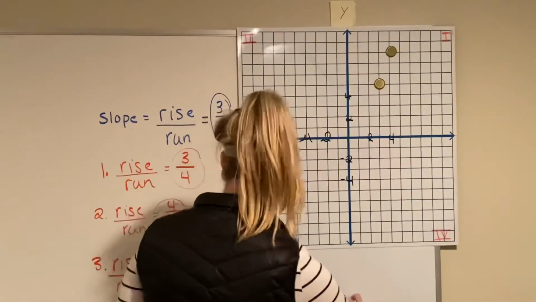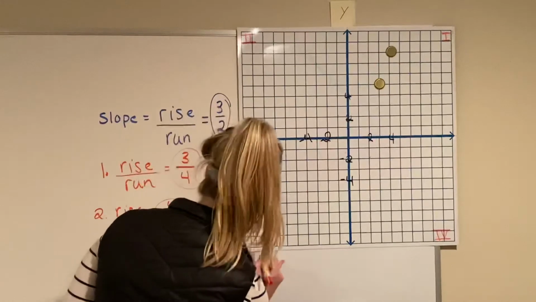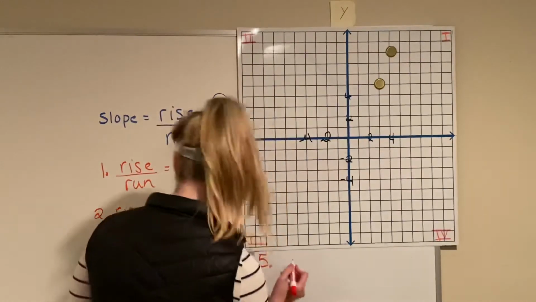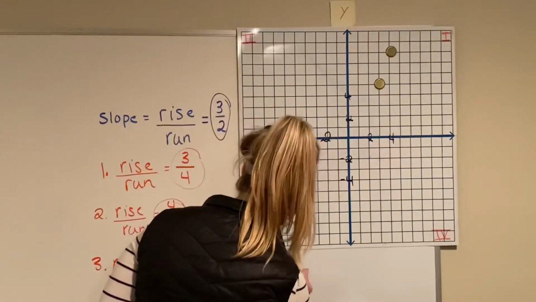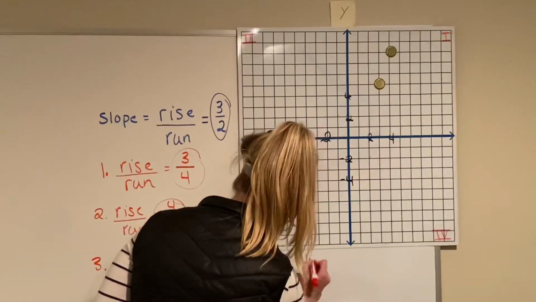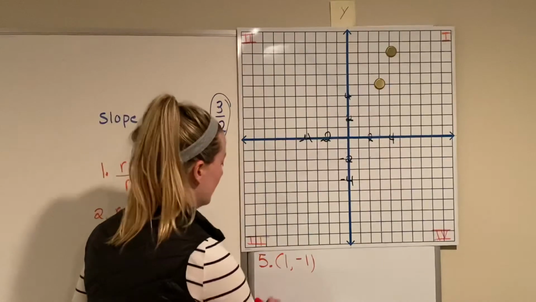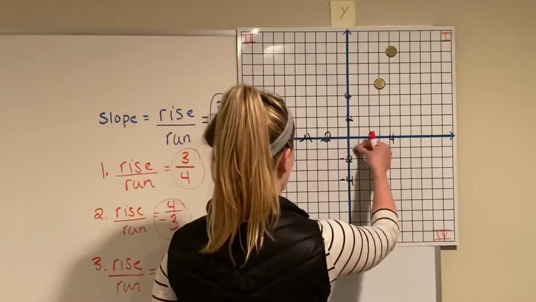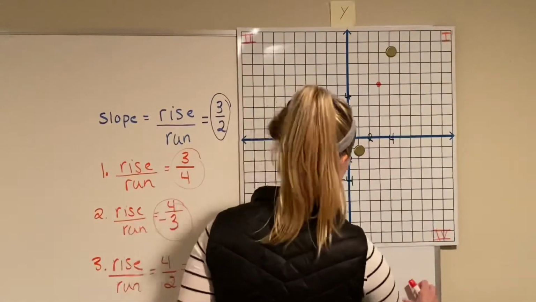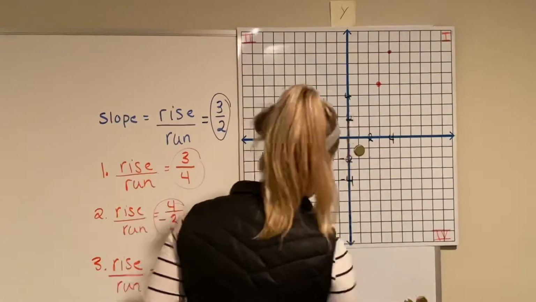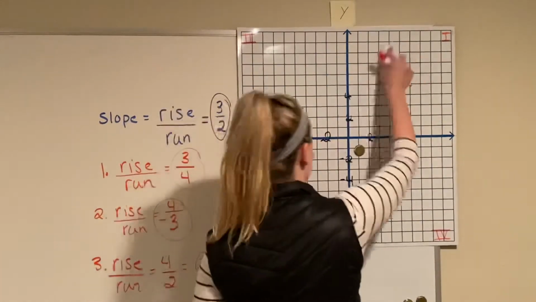All right, number 5, the starting point they give us is 1, negative 1. So step 1, graph your starting point. So 1, negative 1, x is 1, y is negative 1, our point goes there. Let's take these off that I forgot about, and erase these little dots.